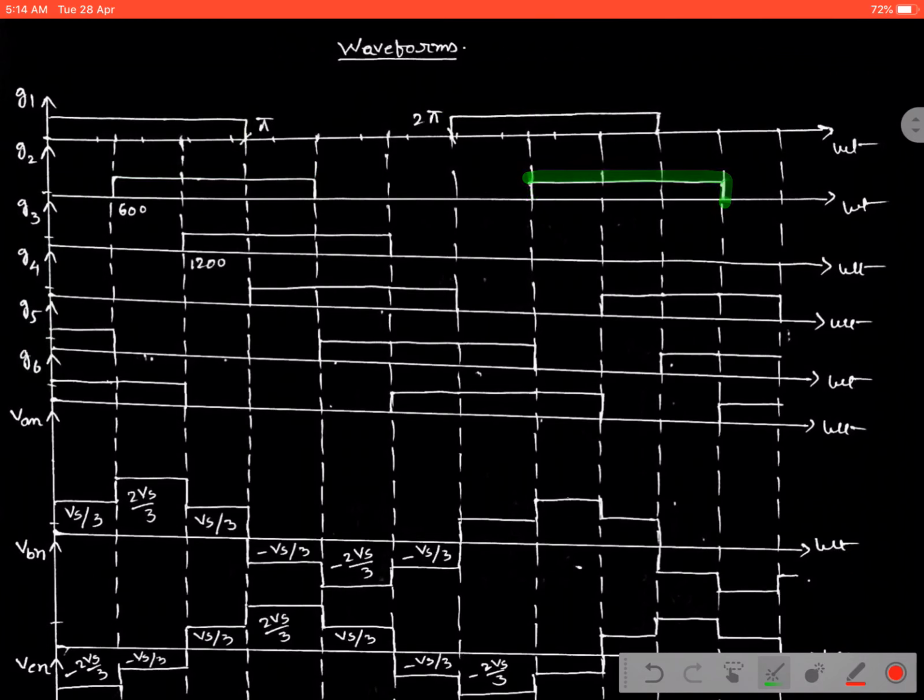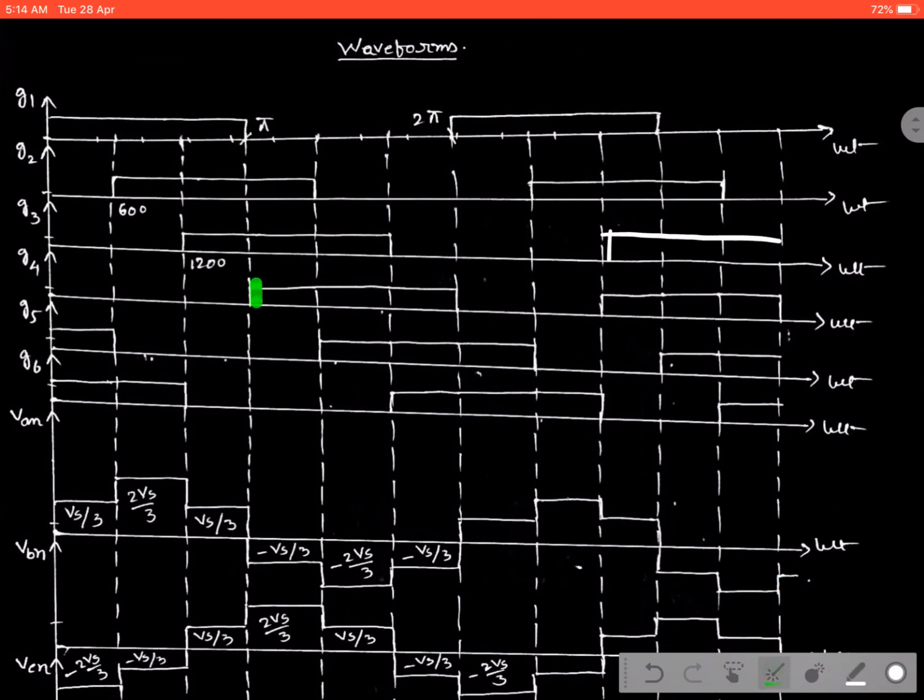Similarly, the next will again be conducted after 60 plus 60 means 120 degree, it has started from this point and continued up to 180 degree. Okay, right, and next pulse, obviously there should be one more pulse. It will start from this one to this one. Okay, fine.